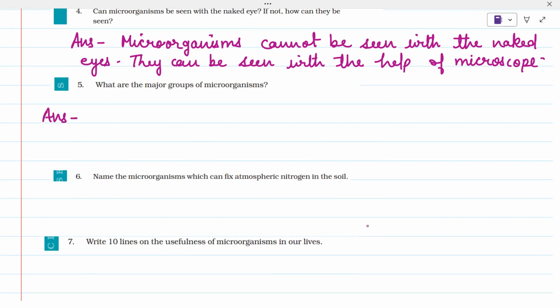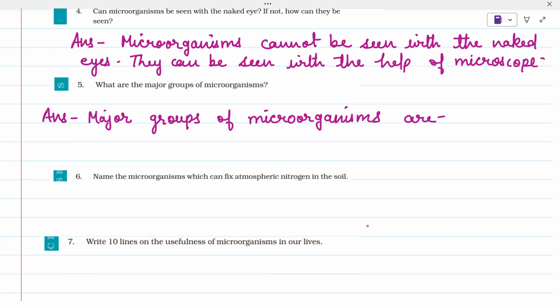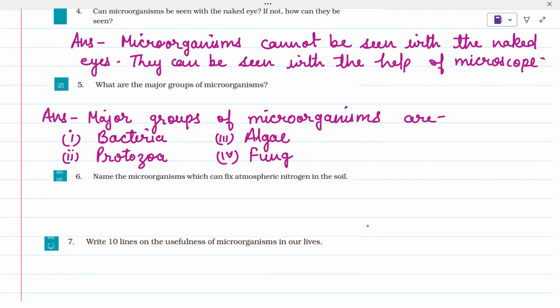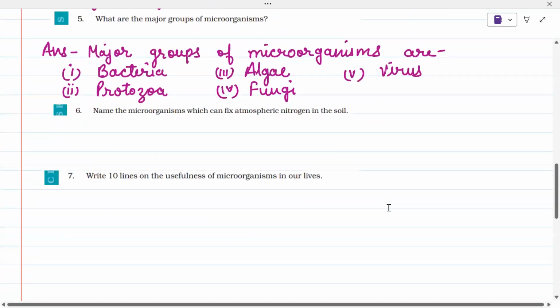So the major groups of microorganisms are, we know, divided into different categories: bacteria, protozoa, then we can write down algae, fungi, and virus, right? So these are the major categories.